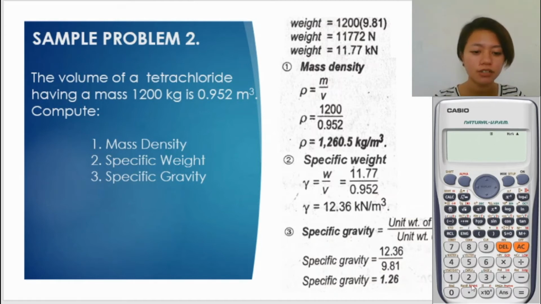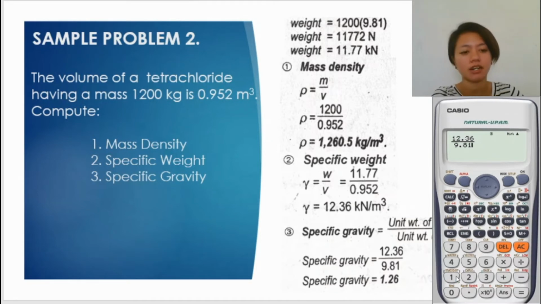Since we have the unit weight, you can use your density or your unit weight, but since the last one is unit weight, we will use the unit weight here. It's still your choice which one is easier for you. So we have 12.36 divided by the standard value of the unit weight of water, 9.81. The standard density of water is 1,000.